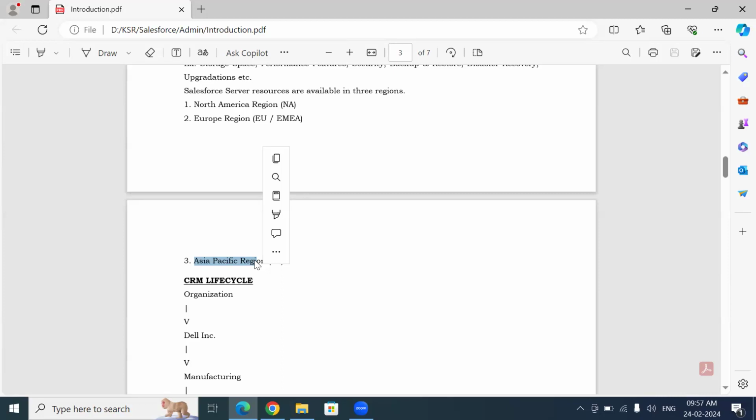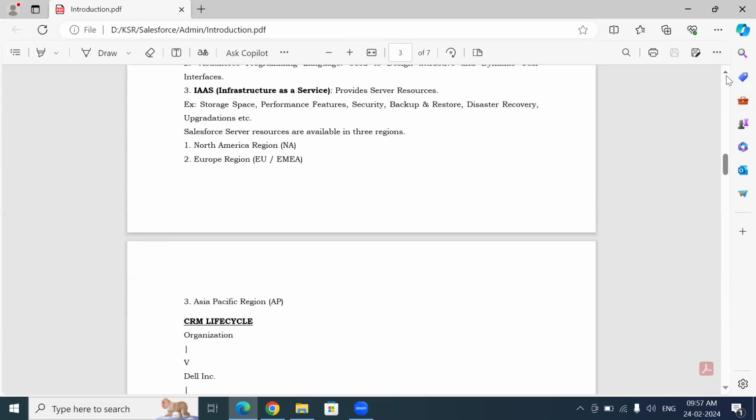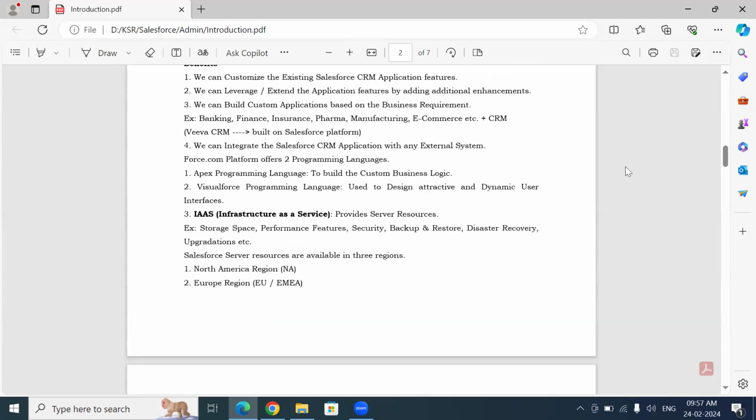Okay, so this is about the infrastructure as a service cloud computing model. These are the three cloud computing models which are available in the IT industry. What are the three? Software as a service, platform as a service, and infrastructure as a service.